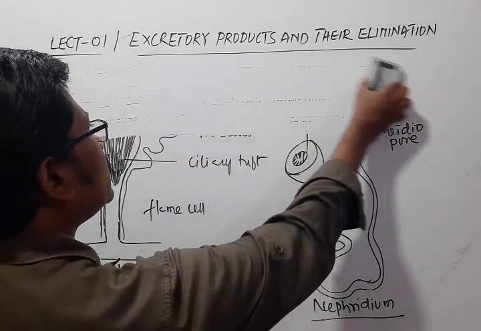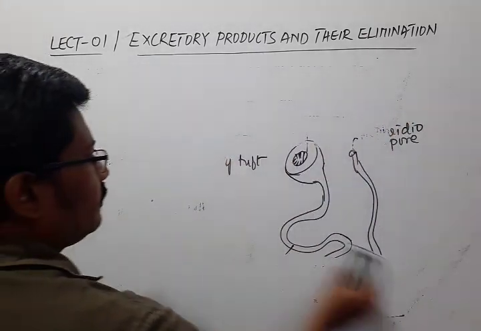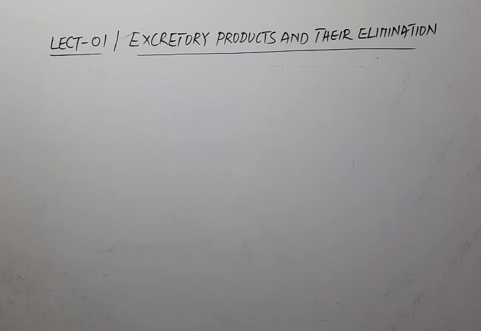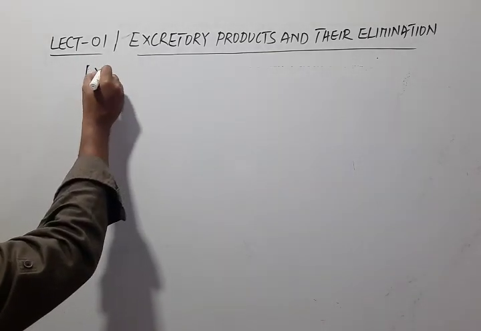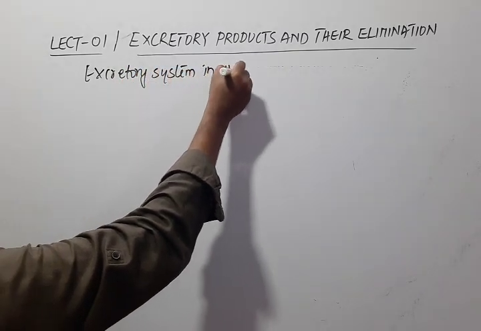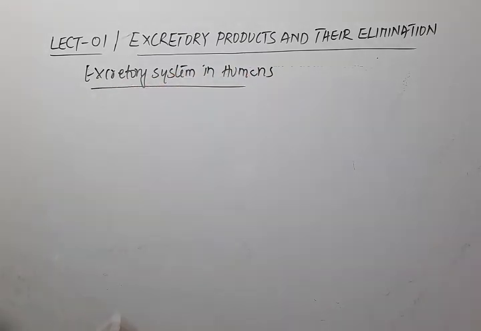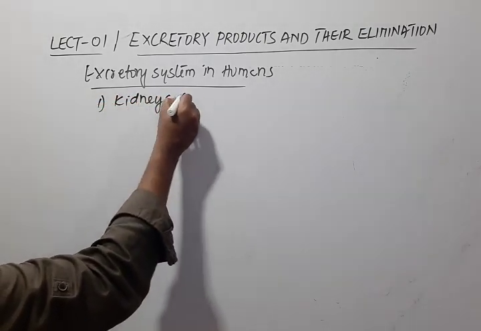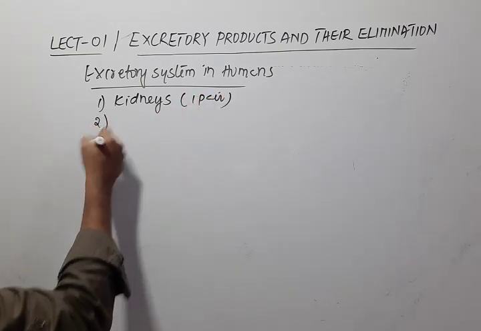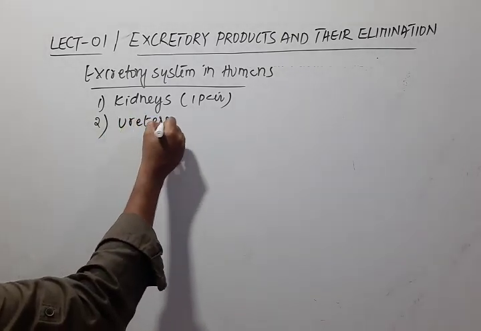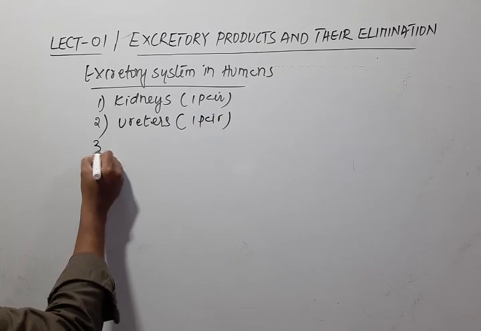Now we will see the excretory system in human beings. The excretory system in humans consists of kidneys, which will be one pair, and also ureters which originate from the kidneys, and these will also be one pair.